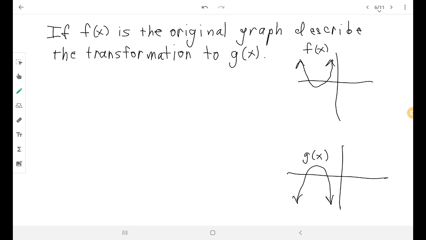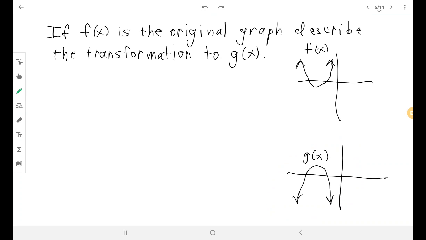All right, if f of x is the original graph, describe the transformation to g of x. So this is a modified version of the parent function already, but what's the big difference between this one and this one is what we're asking. And this one has flipped, okay?